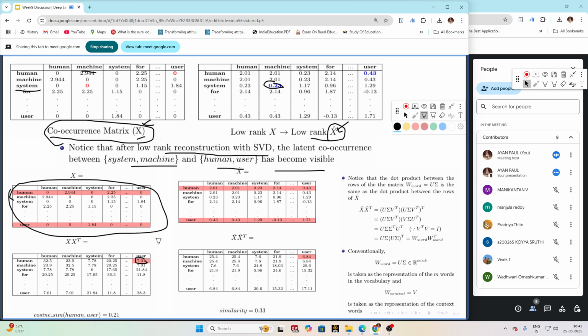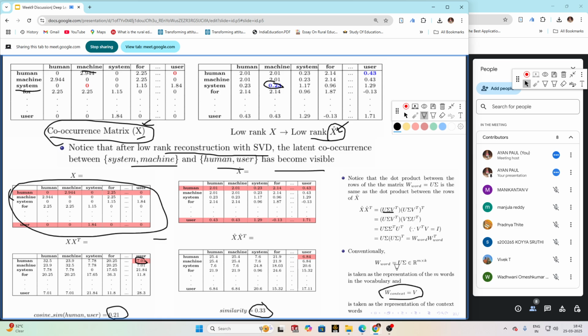This is only the top term, X dot X transpose, but you will again be dividing by X bar and X bar transpose. So the cosine similarity earlier was 0.21, but now it has increased to 0.33. So this is the advantage of applying the SVD. In SVD, for the word matrix you only take the first two terms, U and sigma, and for the word context you take the V term.